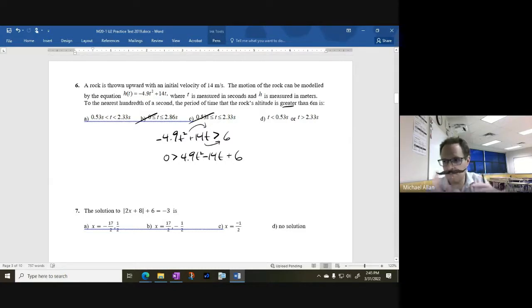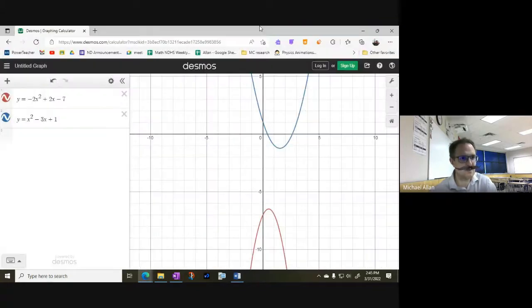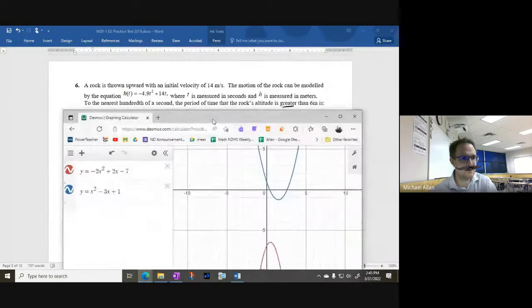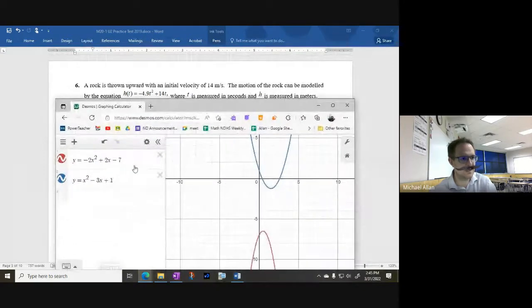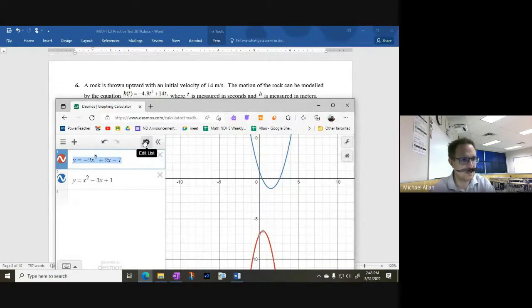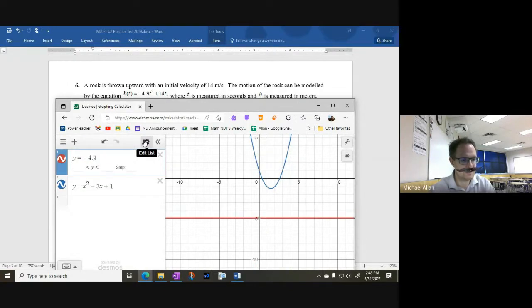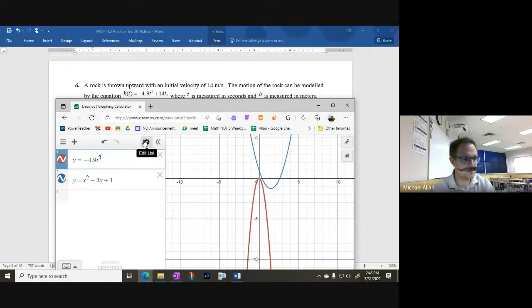Now, I would try to factor this. The problem is that 4.9 is going to cause some problems with our factoring. So at this point, I would graph my original graph in Desmos. So y is equal to 4.9... just graph it in your graphing calculator, because it's multiple choice and I don't care about the work in this case.